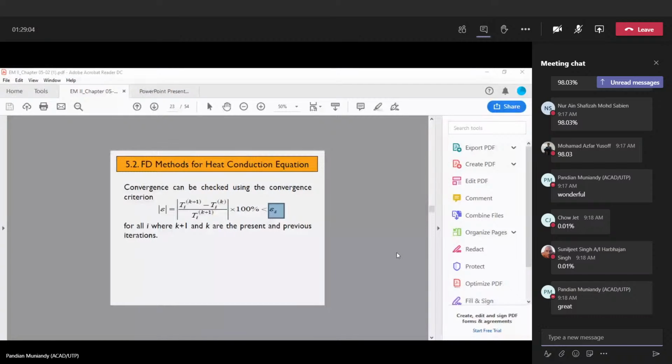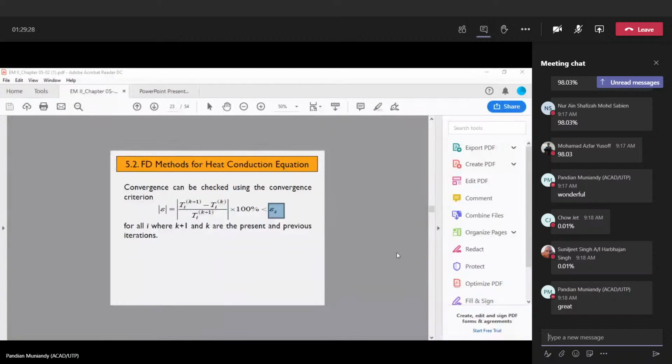So Gauss-Seidel is only for implicit and Crank-Nicholson. But if you want to use Gauss-Seidel for explicit, you can give it a try, but you have to develop the system of equations, which we didn't do for the explicit method.